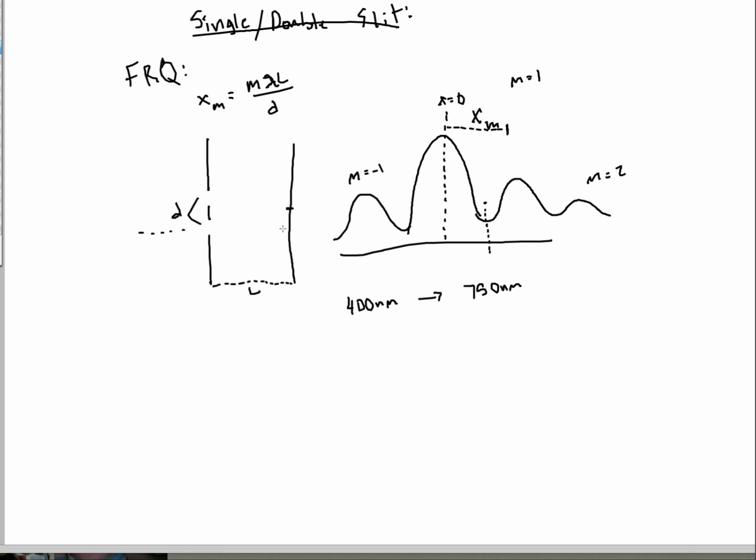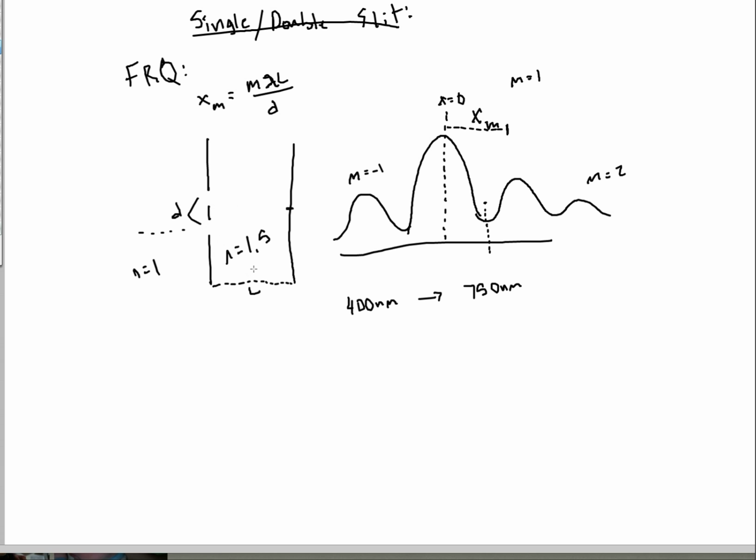So, it's not only important to know the equation and how to calculate things, but how to describe what happens qualitatively. And so one option that they could do is they could say, okay, we're starting in air, and then the light moves through a fluid, and it has an index of refraction higher than air. Well, if you're changing mediums, what doesn't change is the frequency, but what does change is the velocity.